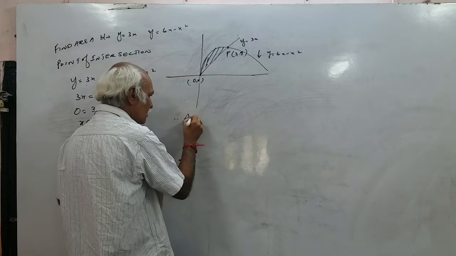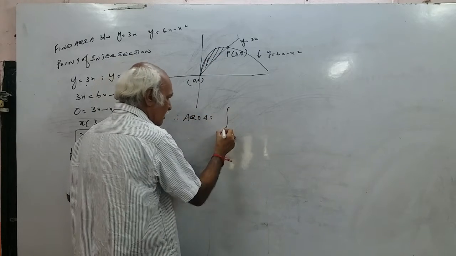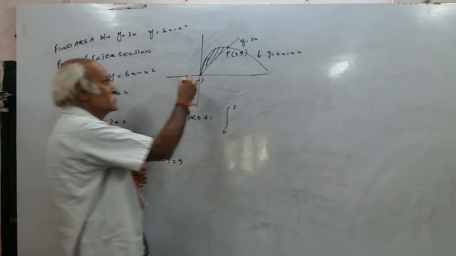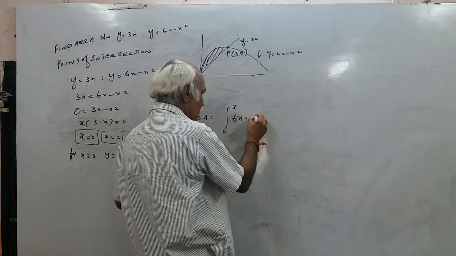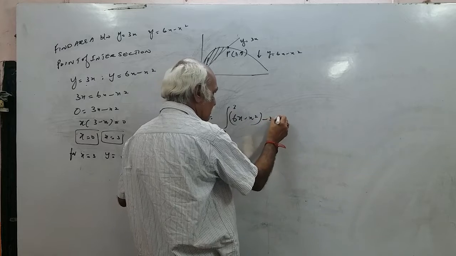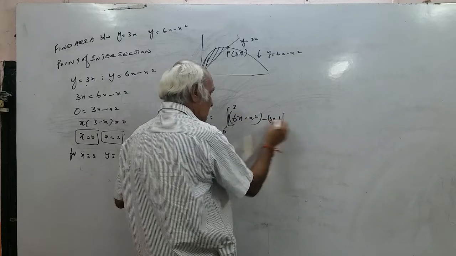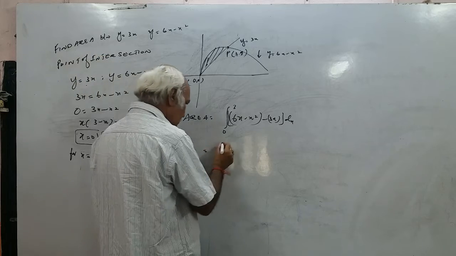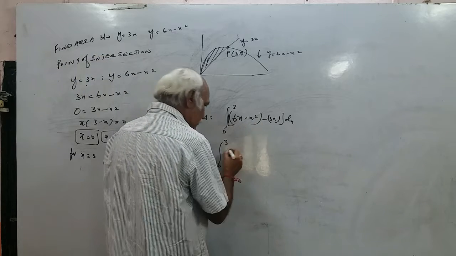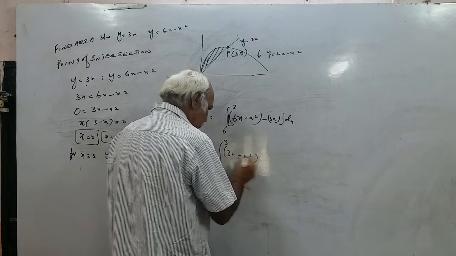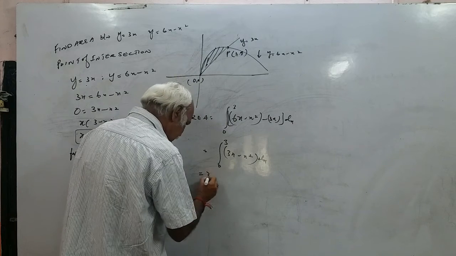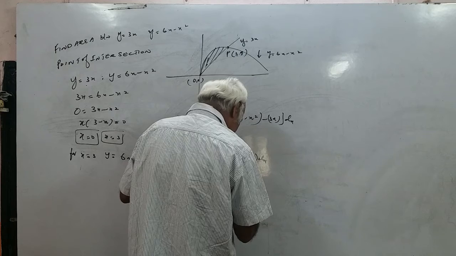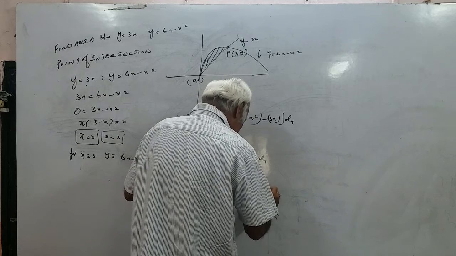Therefore, area from 0 to 3. First, you have to take the curve minus 3x dx. Okay, so what will happen? 3x minus x square dx. So 3 into integral 0 to 3 of x dx minus integral of x square dx.